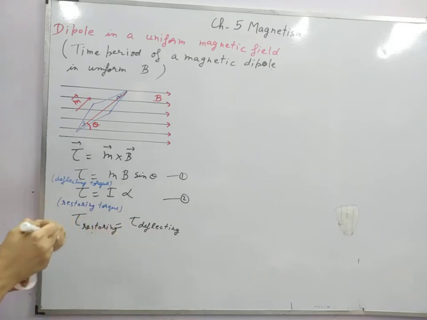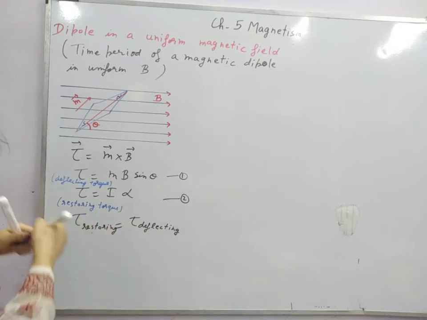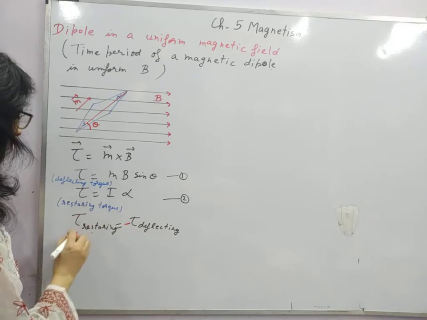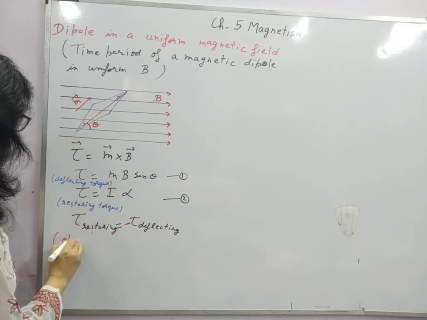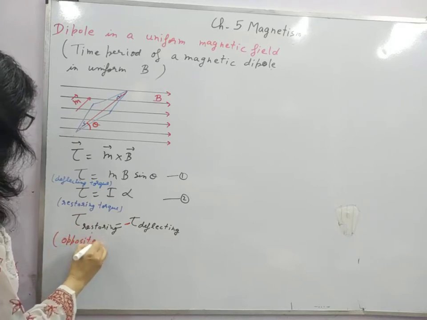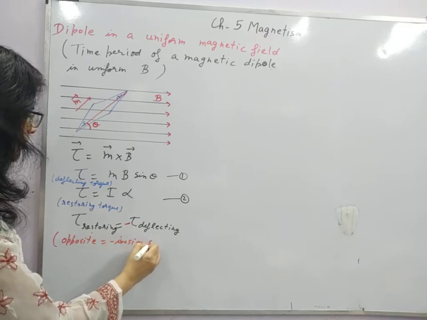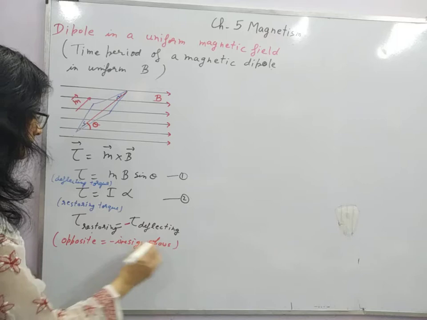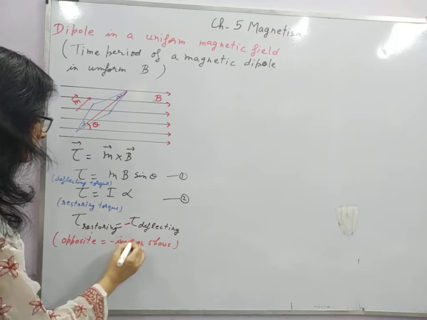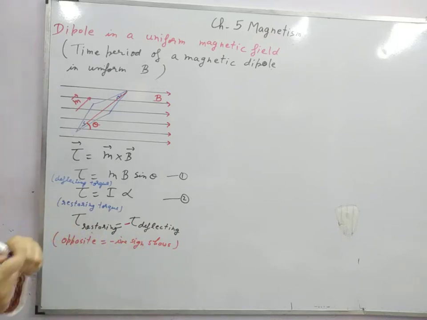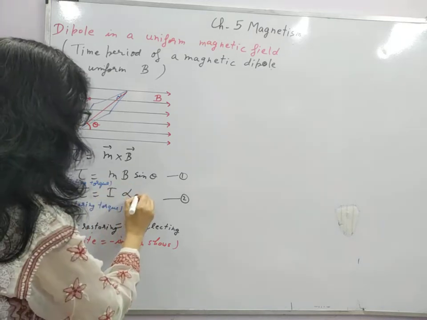So I can write a minus sign over here just to show that these are opposite. The negative sign shows this, right? So from here I can modify this formula.